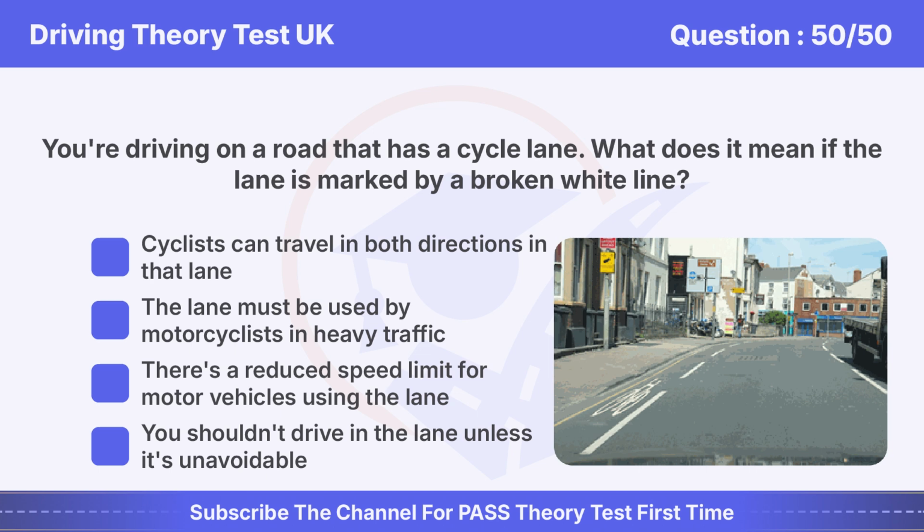Question 50. You're driving on a road that has a cycle lane. What does it mean if the lane is marked by a broken white line? Answer is D. You shouldn't drive in the lane unless it's unavoidable.